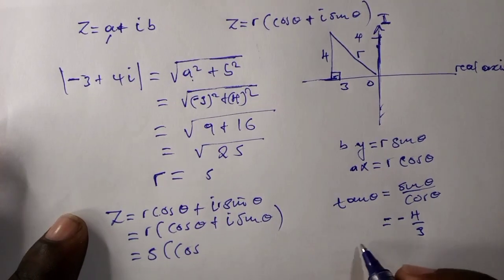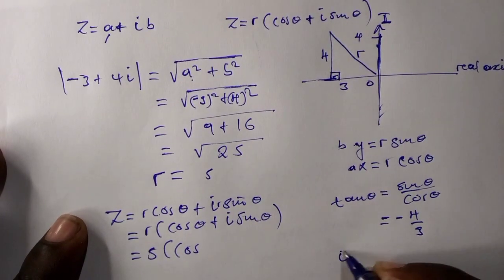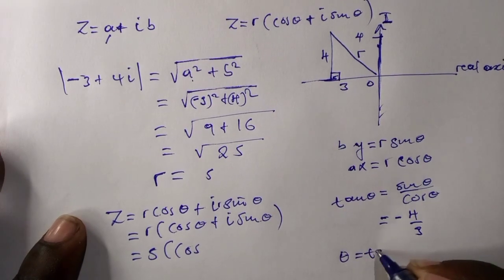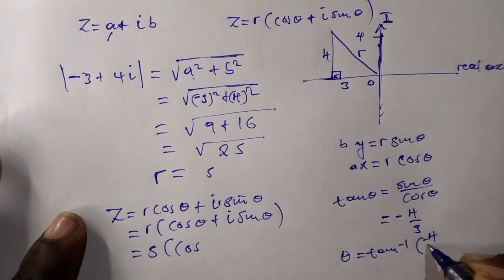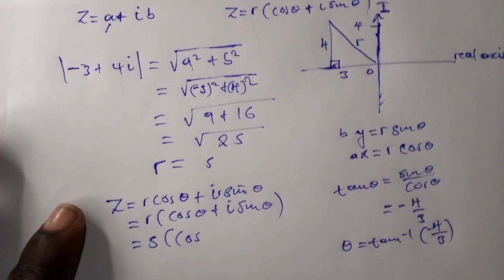This is how it came. Then we are going to do theta equals tan inverse of minus 4 over 3.